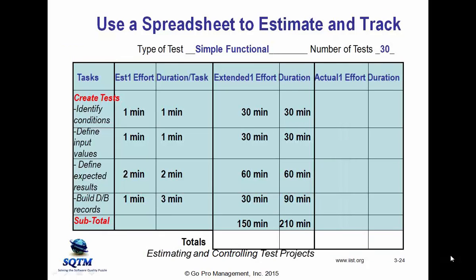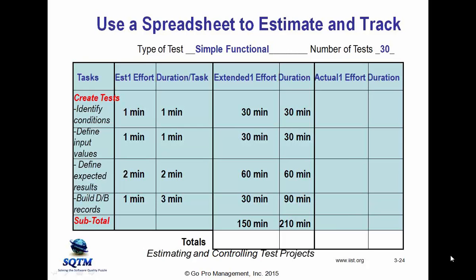Now, I've just put in a handful of examples of tasks here, but you can use the spreadsheet. Okay. So set up a spreadsheet for each type of test that you've got, a row for each task, and I just put a couple of them here so that it was readable. Okay. The number of tests. Okay.